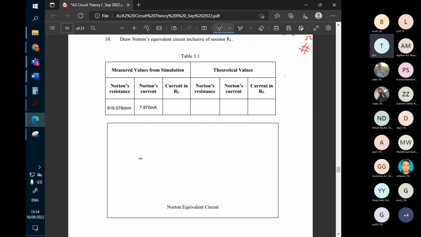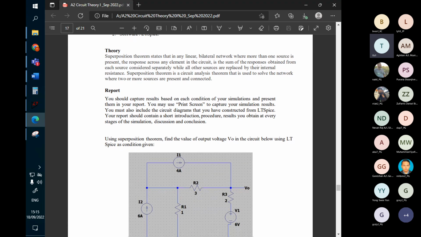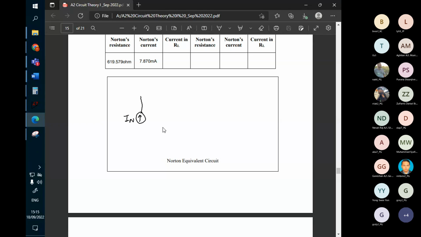First, Norton is not dealing with the voltage. It's about the current source. We call it the Norton current. And the second thing you remember is that the Norton resistance is in parallel with the current source.